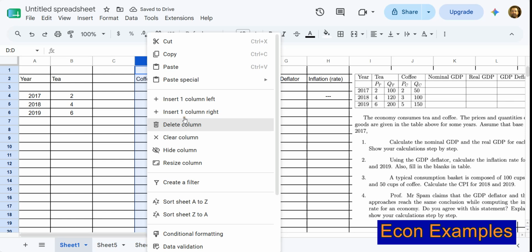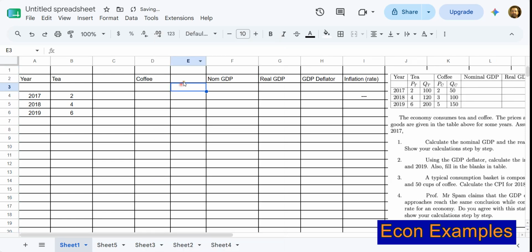So what I'm doing is I right-clicked and I hit insert a new column. Okay, so instead of just saying T, and you can split these columns here, but I'm not going to do that.